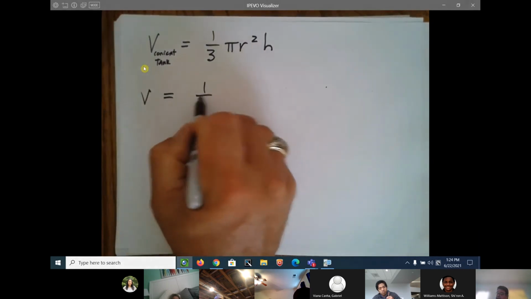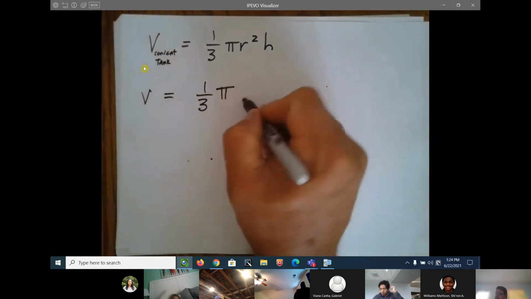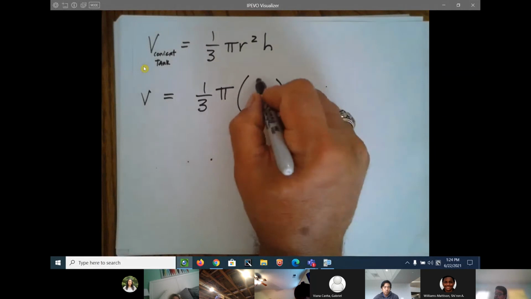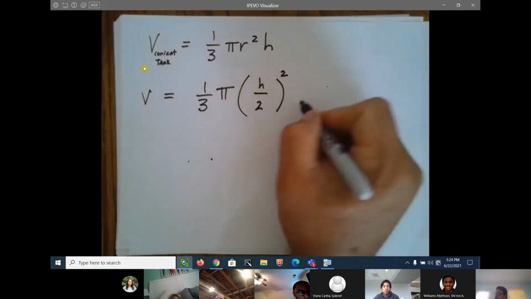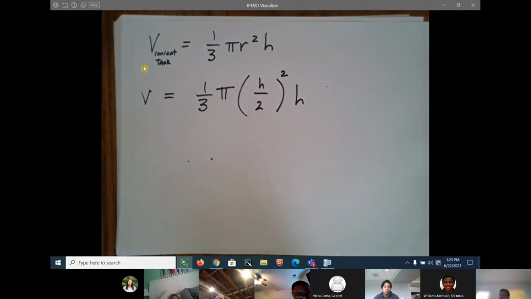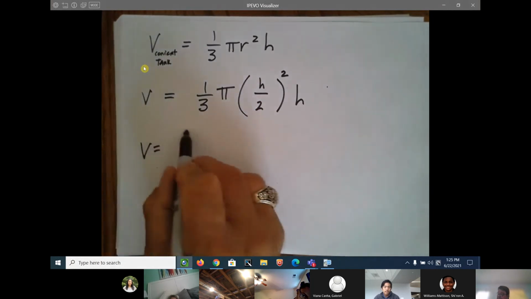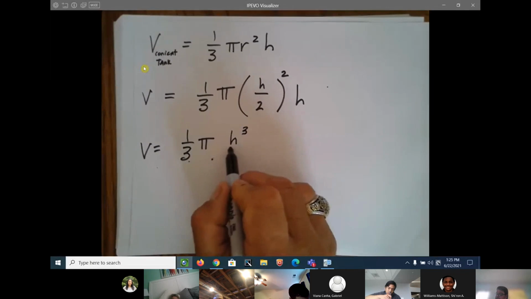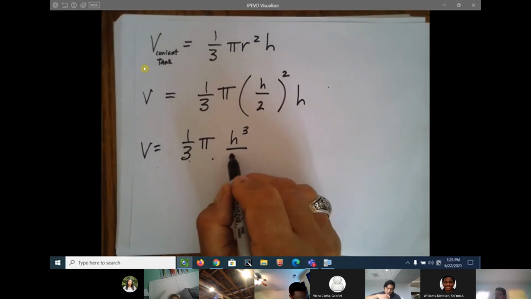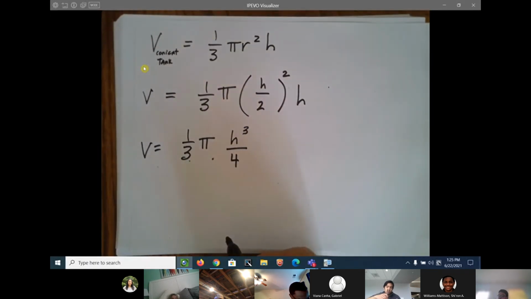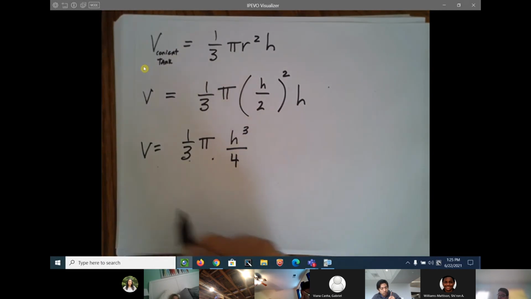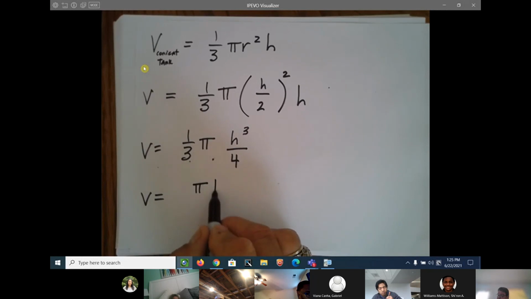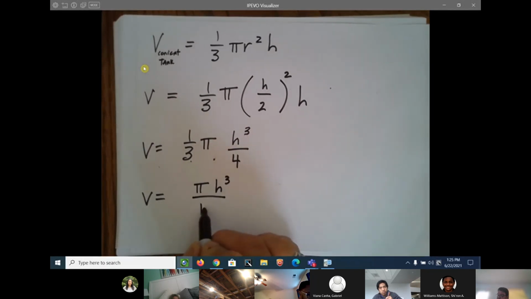V is equal to 1/3 pi times h over 2 squared times h. Simplify that: 1/3 pi of h cubed over 4, and that is pi times h cubed over 12.